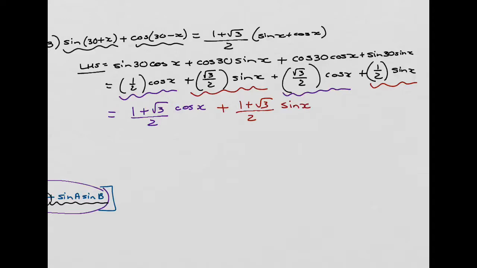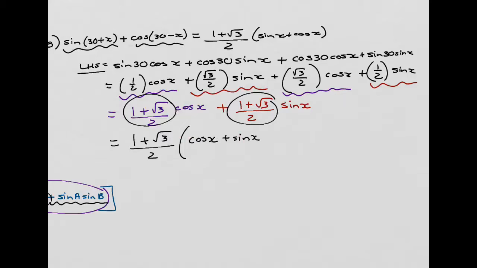And now we can take out the common factor, which is our fraction, and then we're left with cos x plus sin x, which is the same as sin x plus cos x. So what we could do is we can already rearrange it, and then work out our right-hand side from that. That is our right-hand side.